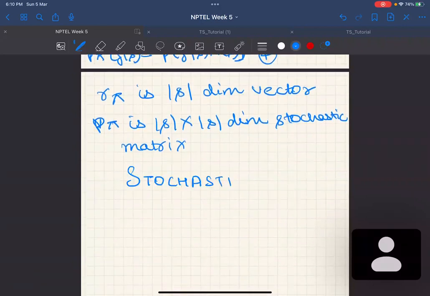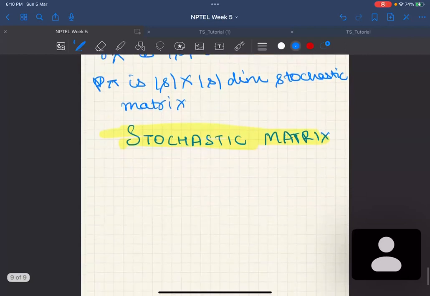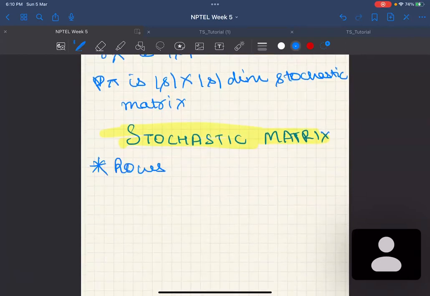Okay, I'll tell you. A stochastic matrix has a property. First, I'll tell you about the properties. It is a matrix whose rows add to 1.